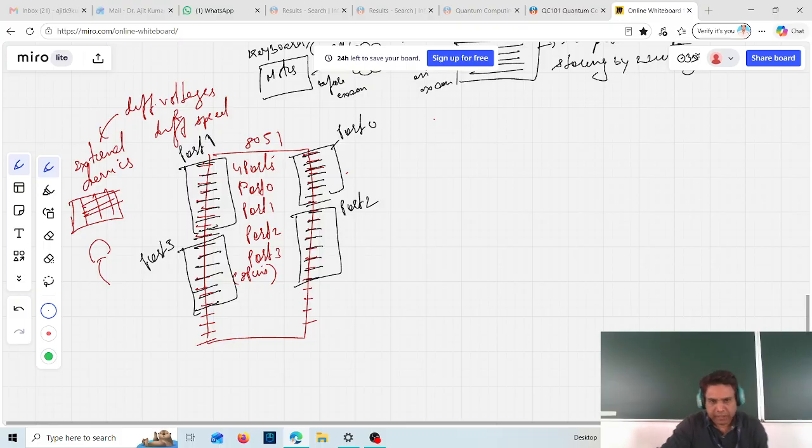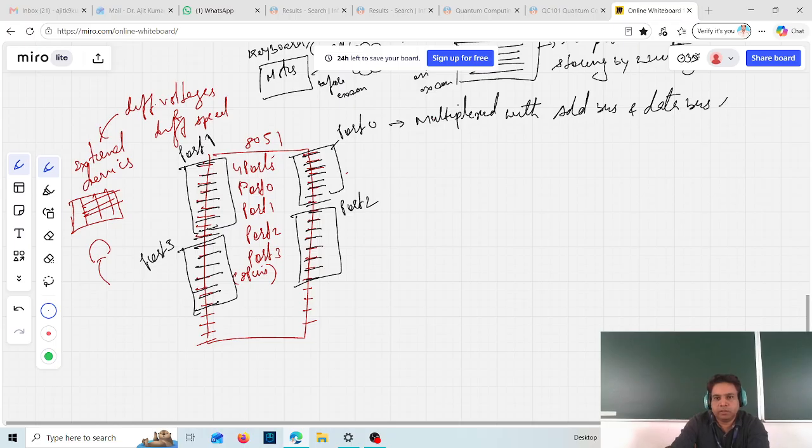Now what is happening in the port? This port 0 is also interfaced with the buses, the address bus. Port 0 is multiplexed with the address bus and the data bus, in short called AD.